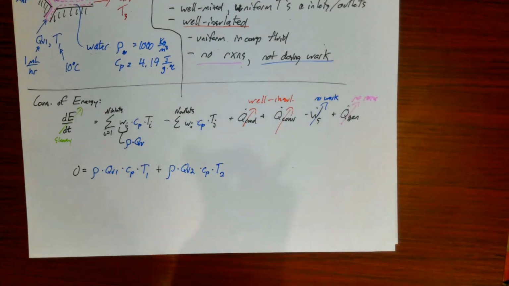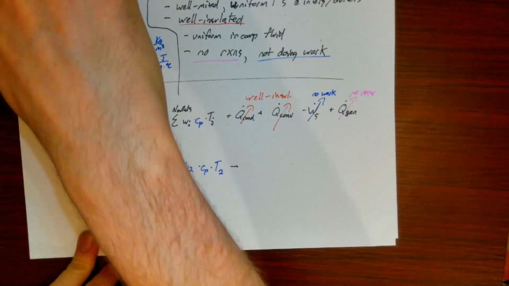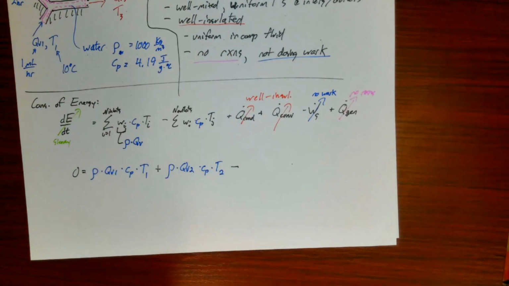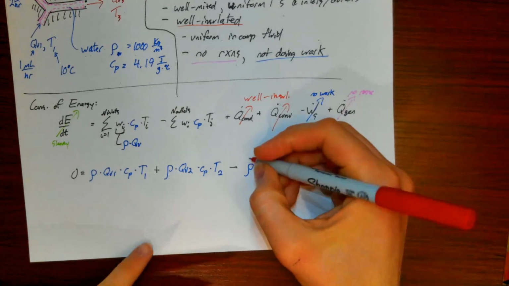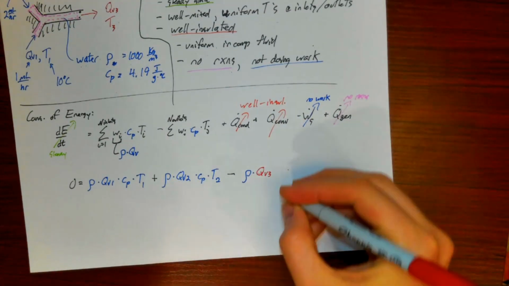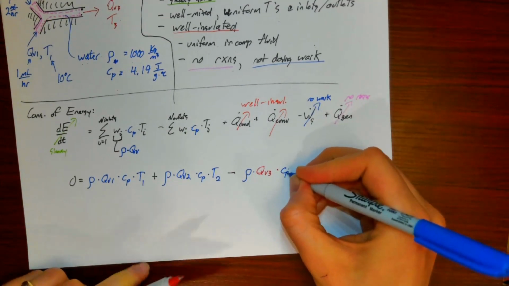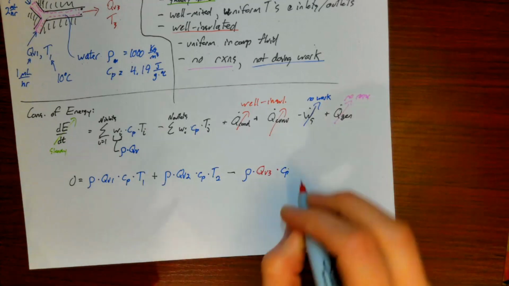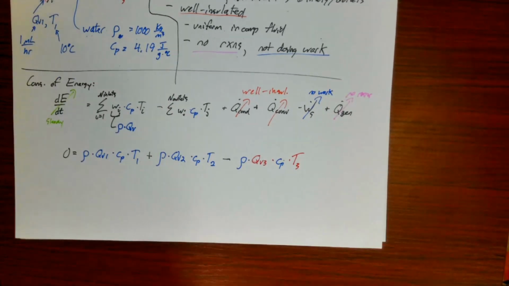And then I have my outlet term right here, with a minus sign because it's an outlet. I'm still going to have density, my as of yet unknown volumetric flow rate at my outlet, Cp, and my as of yet unknown temperature at the outlet.